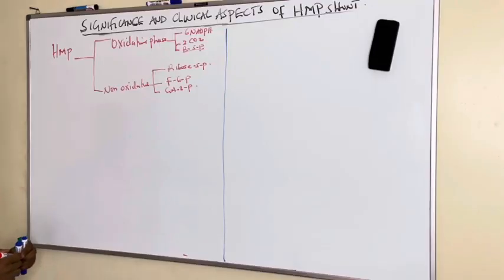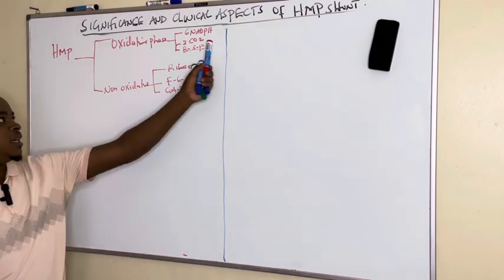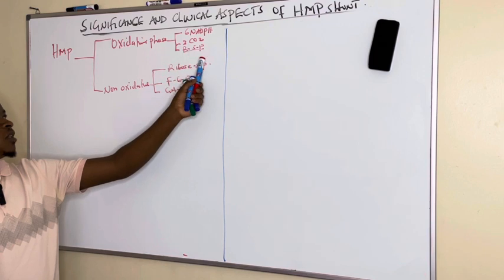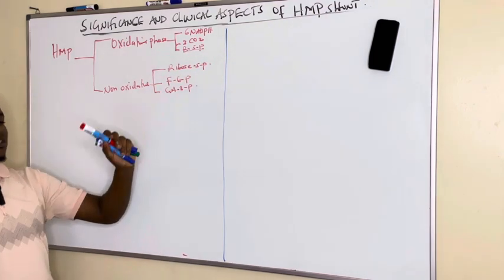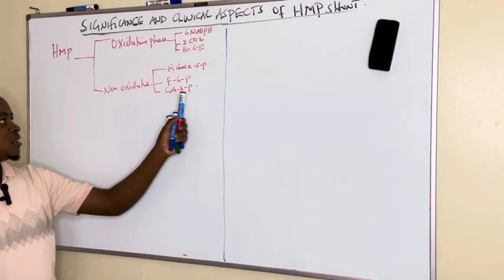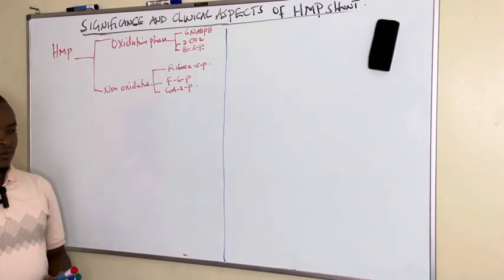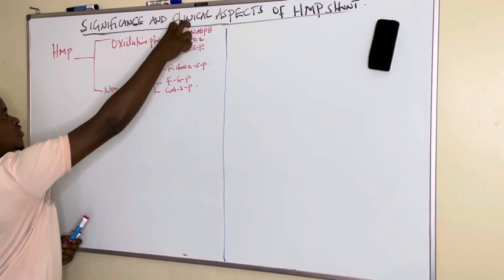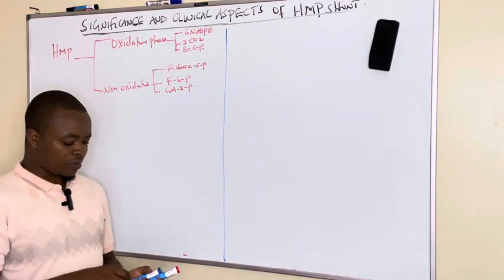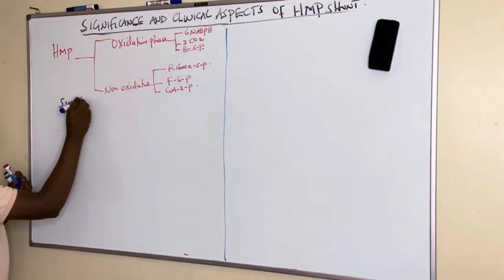So these were the major products produced during the HMP pathway, whereby we are producing 6 NADPH, 3 molecules of carbon dioxide, and ribulose 5-phosphate, which acts as a precursor for the non-oxidative phase, leading to production of fructose 6-phosphate and glyceraldehyde 3-phosphate together with the ribose. And we are going to see the significance of all these products in our body metabolism, the significance of this pathway.